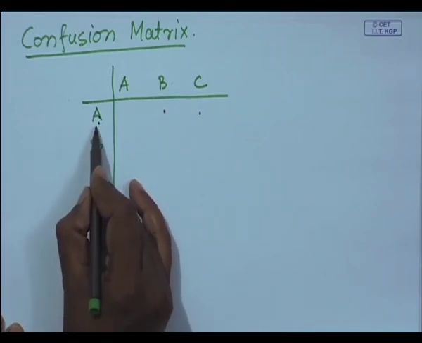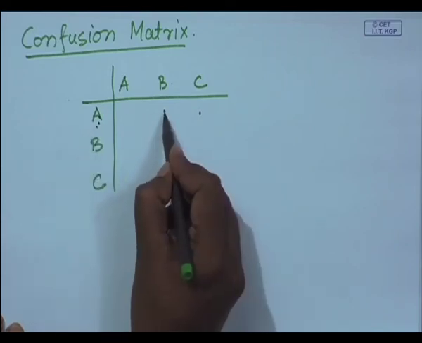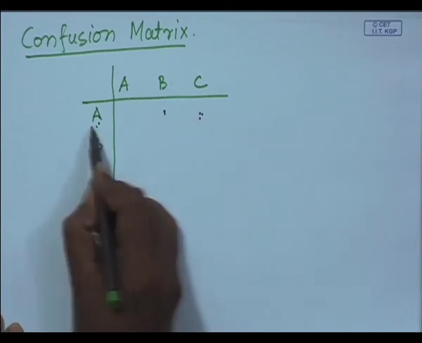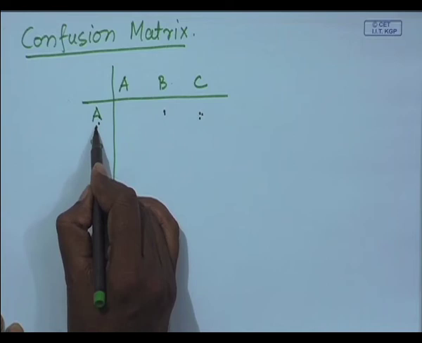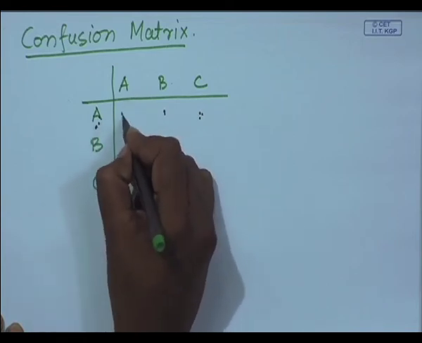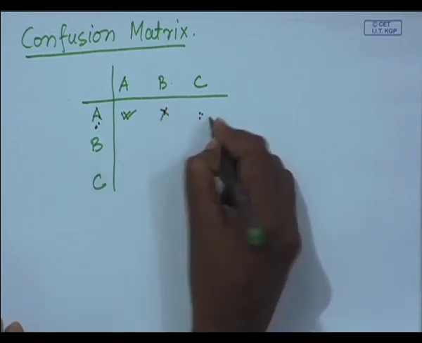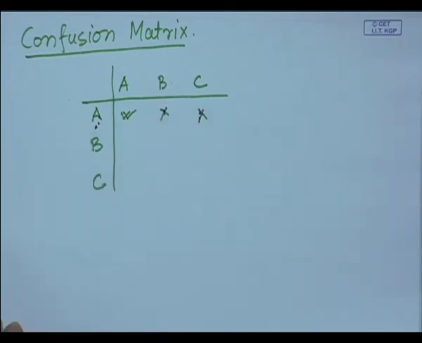The sample actually belongs to class A, but it has been classified as class B or class C. And it also says how many samples belonging to class A have actually been classified as class A. So, these are the false classifications, this is the true classification.